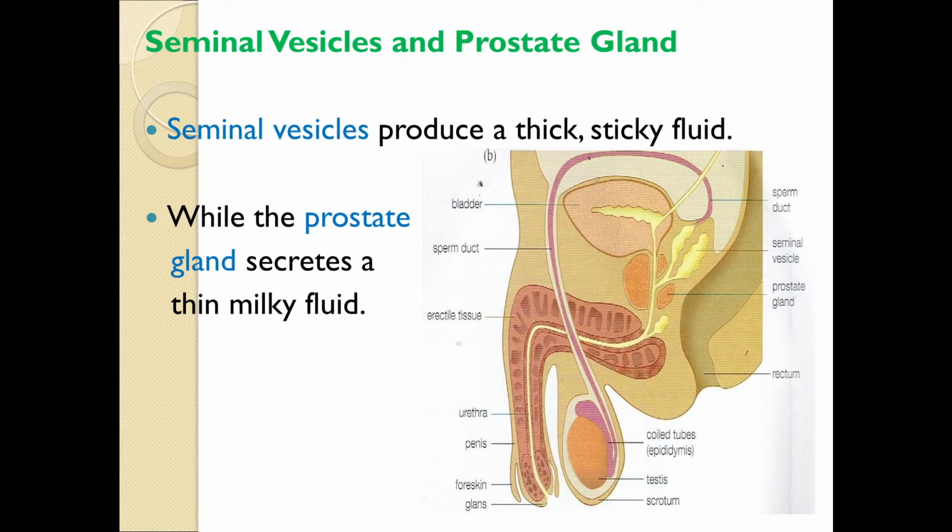The seminal vesicles and the prostate glands. The seminal vesicle produces a thick sticky fluid, and that fluid is what is known as the semen. So the semen is the fluid that normally ejaculates out, and it is within that semen that the sperm will be located.